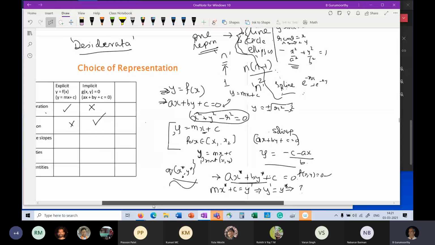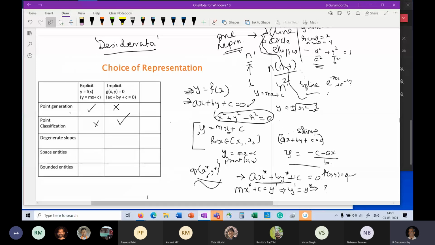Let's say that all of you know how to represent a line, either of these two forms you can write. But let's say you want to collect a set of lines to form a square. So you have to have 4 equations, all of the same form, mx plus c or ax plus by plus c is equal to 0.